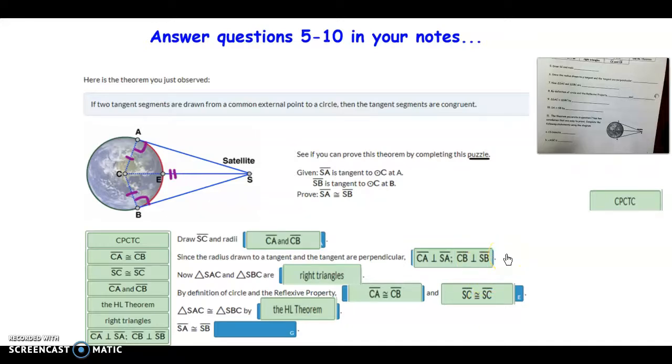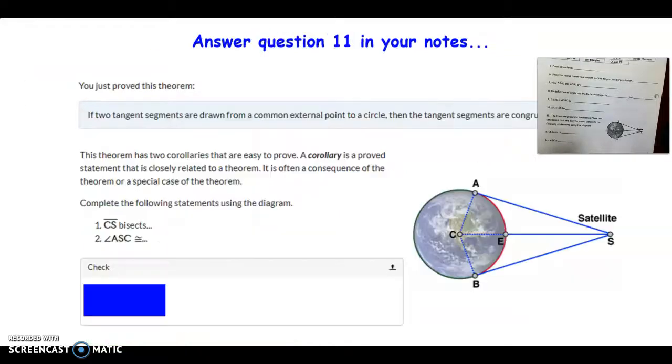Corresponding parts of congruent triangles are congruent. So now that we've proven these triangles are congruent, we know that segment SA and SB are congruent by CPCTC. And that proves our theorem that if two tangent segments are drawn from a common external point to a circle, then the tangent segments are congruent to each other.